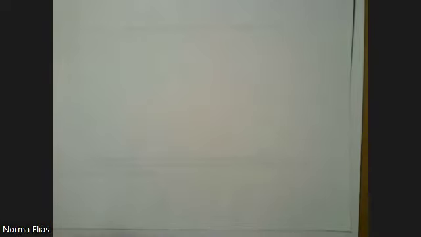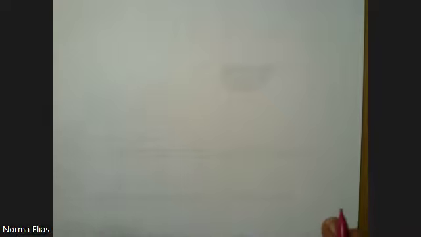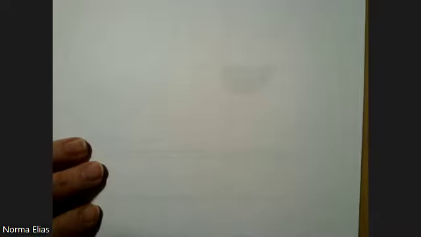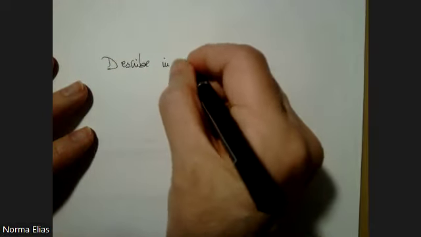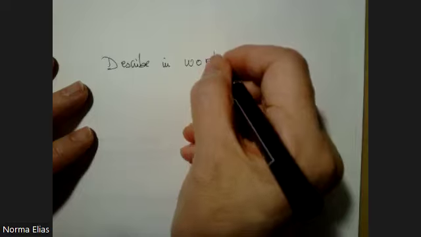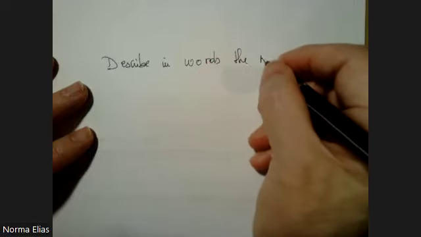Now, just to make sure we understand the algorithm a little bit, I'm going to ask the following question. Describe in words the next row operation. Very simple question.